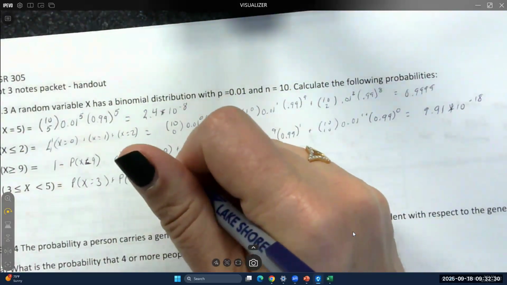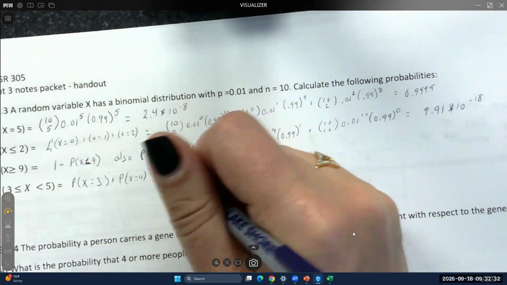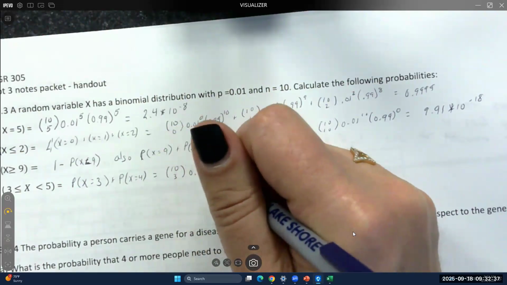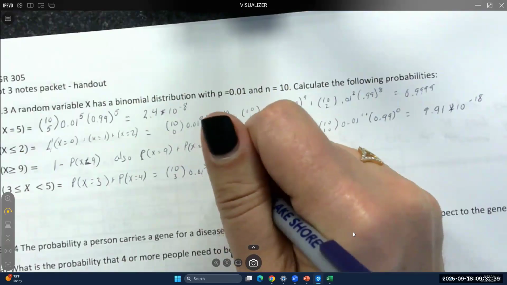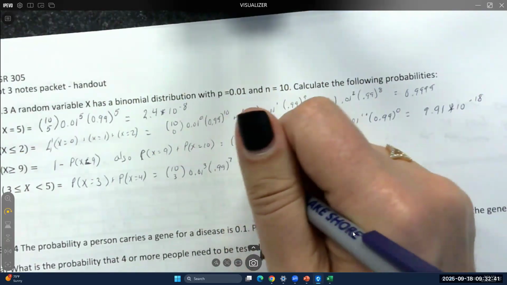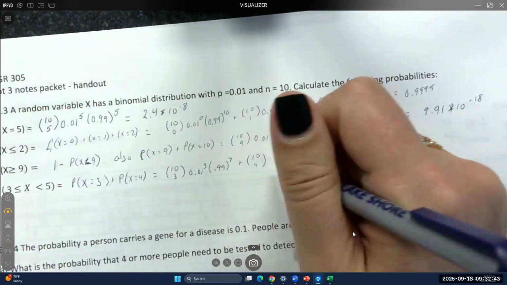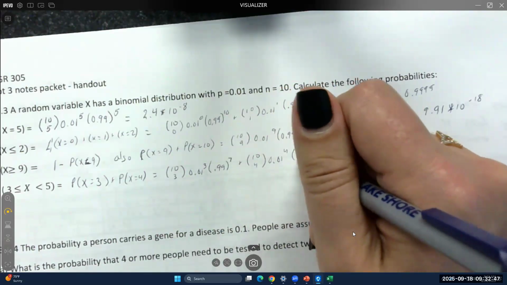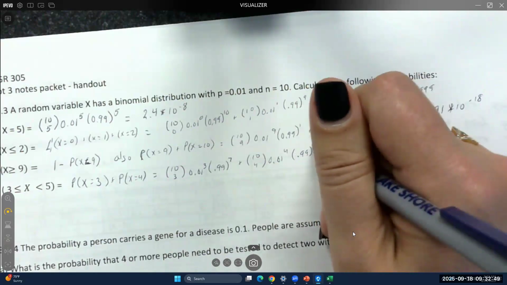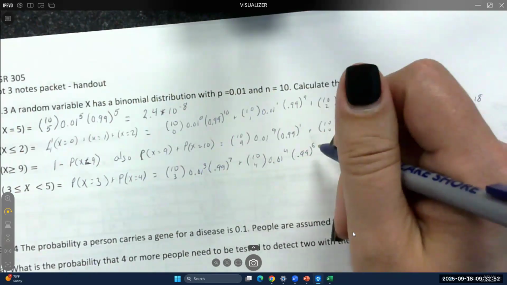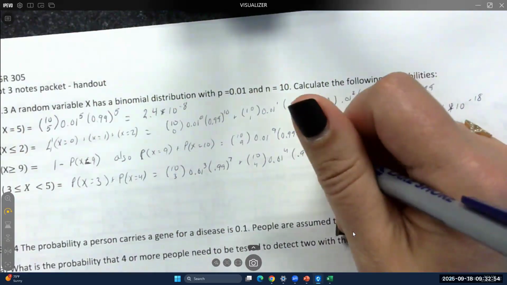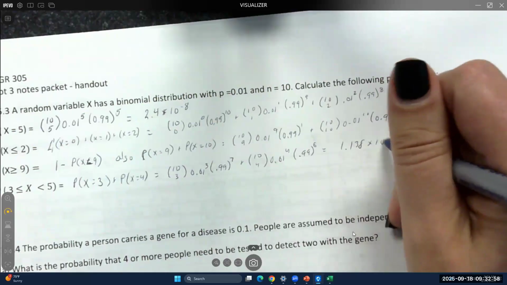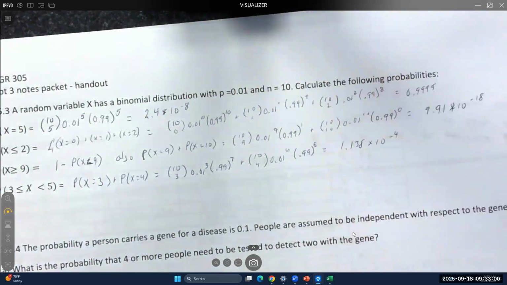So again, I have 10 choose 3, 0.01 to the 3rd power, times 0.99 to the 7th power, plus 10 choose 4, 0.01 to the 4th power, times 0.99 to the 6th power. And this is equal to 1.138 times 10 to the negative 4th.